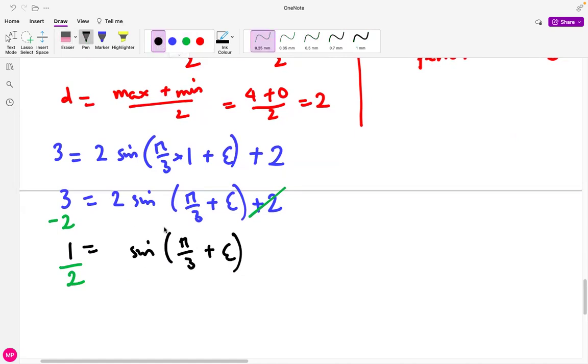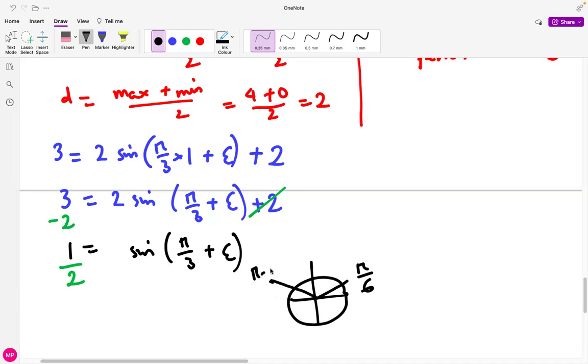Now the angle that has sine equal to a half, if you think about the unit circle, in quadrant 1 is 30 degrees, which is pi over 6, right? Because you want sine to be positive, you could have quadrant 2 make it sine positive as well, ASTC.